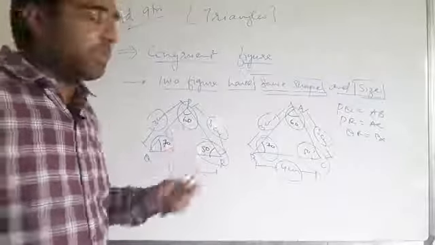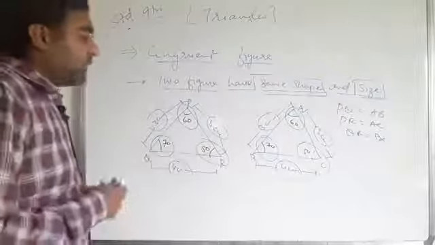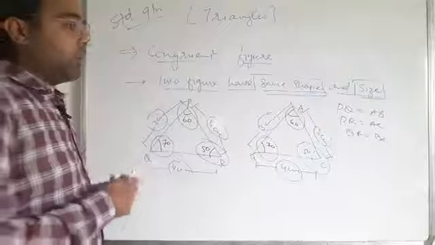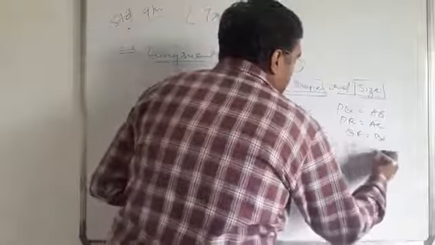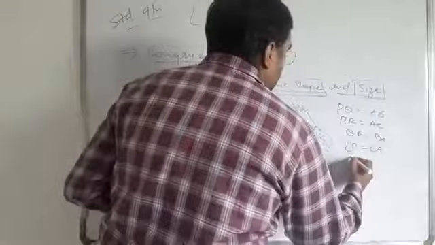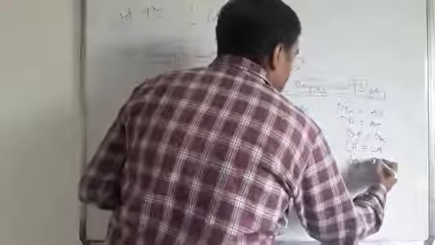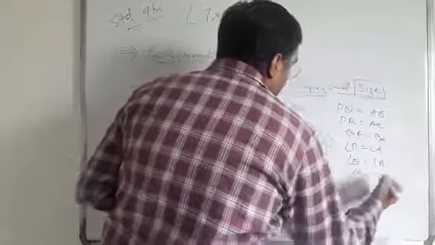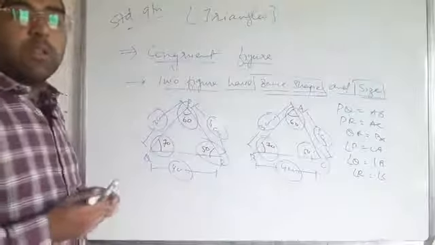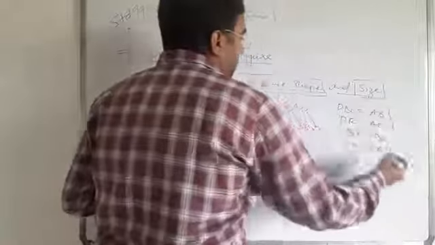So now we have to see the angles also. Here my angle P is equal to angle A, my angle Q is equal to angle B, and angle R is also equal to angle C. Okay, here all my sides and all angles are equal to each other.